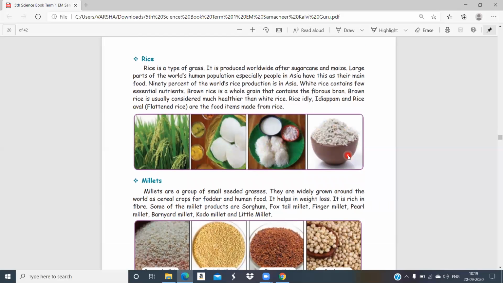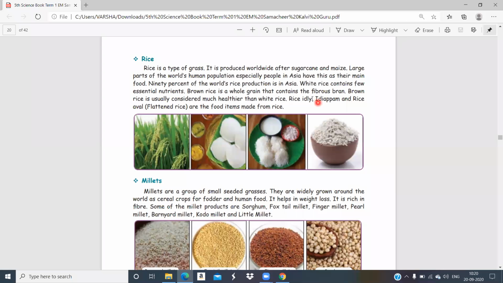Next is rice. Rice is a type of grass. It is produced worldwide after sugarcane and maize. A large part of the world's population, especially people in Asia, have this as their main food. 90% of the world's rice production is in Asia.